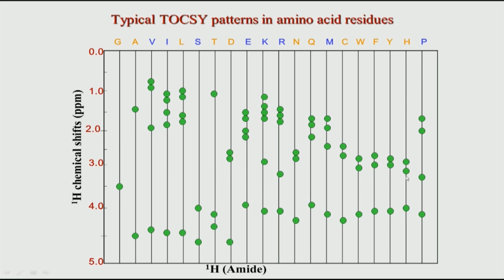Now, if you see here, these have only beta protons. You can see all these amino acids: cysteine, tryptophan, phenylalanine, tyrosine, histidine, similarly aspartic acid and asparagine. These are called AMX spin systems because they have only alpha and beta protons, and the spin system terminology we have not seen in this course; we can see that later.